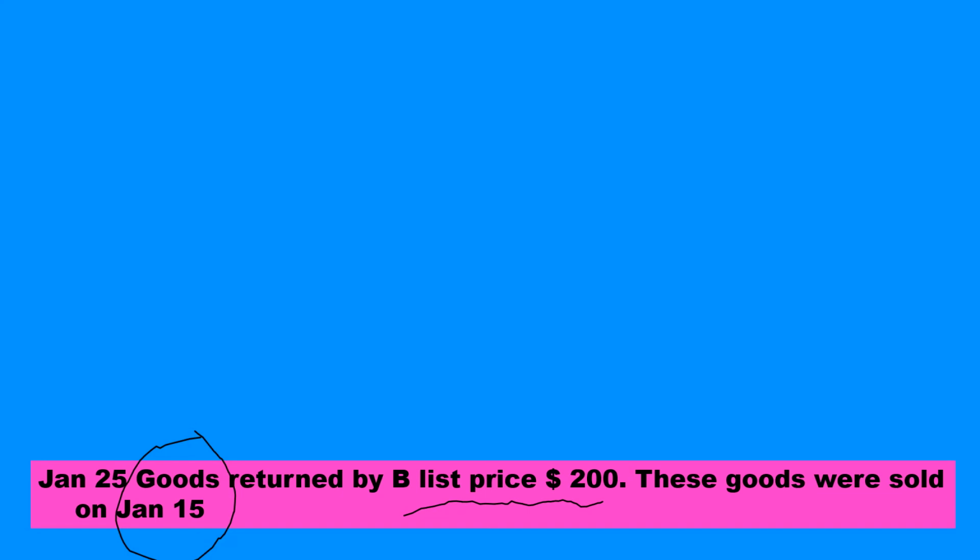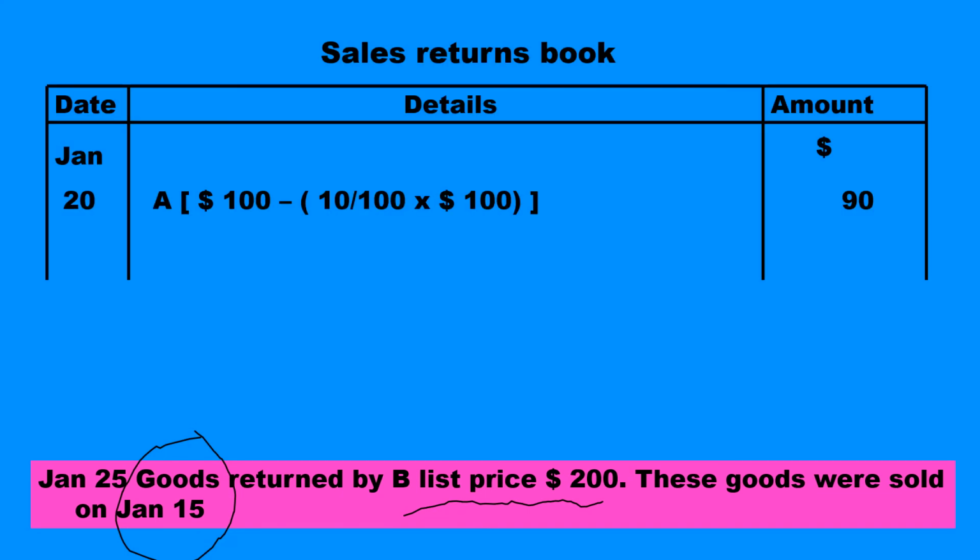As we mentioned earlier, the return of goods has to be recorded in the sales returns book, where we already had goods returned by A, and now we record those returned by B: 200 less 15%, which was the trade discount given to B earlier, and the net amount comes to 170.